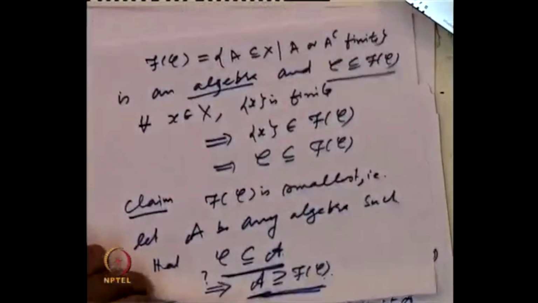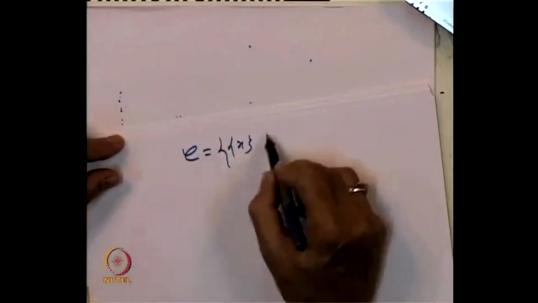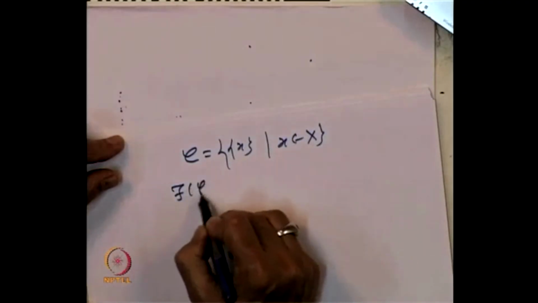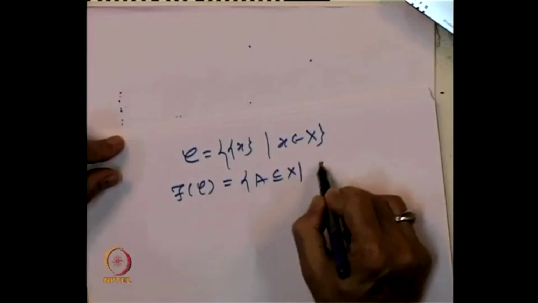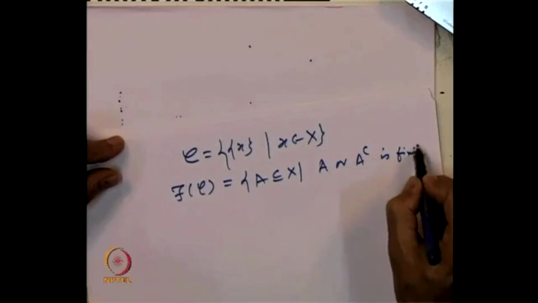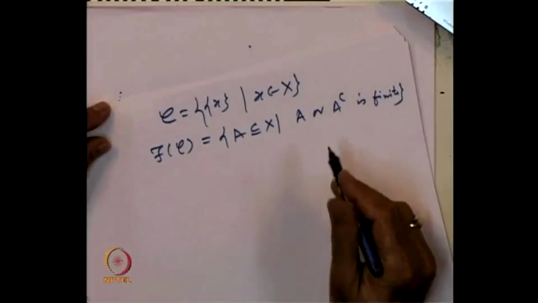So hence what we have shown is the following, that if C is the collection of all singleton sets x belonging to X, then the algebra generated by it is nothing but all subsets A in X such that A or A complement is finite.